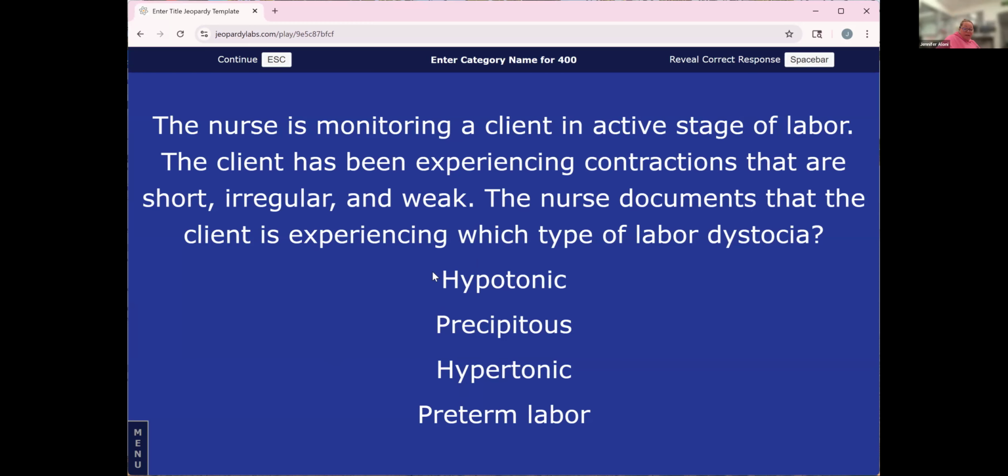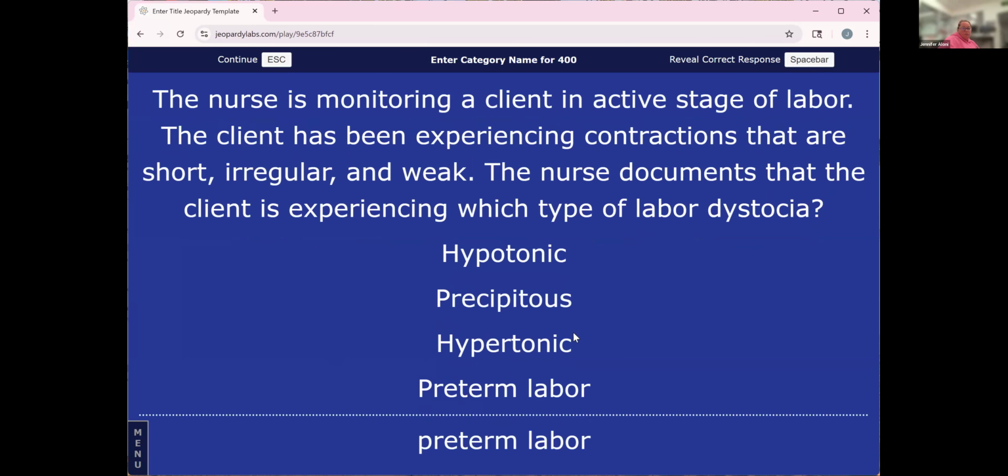Hypothyroidism, hyperthyroidism. Think about all these words that have the word hypo and hyper. So remember that, okay? And we know that it's going to be slow, so it's not preterm labor. I will tell you that's not the correct answer, but that's okay. The correct answer is hypotonic. It's slow. What would preterm labor be?